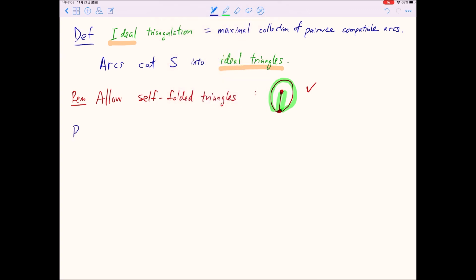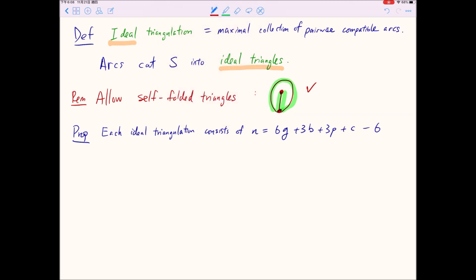And one can easily count that each ideal triangulation will consist of n arcs, where n is given by 6g plus 3b plus 3p plus c minus 6.